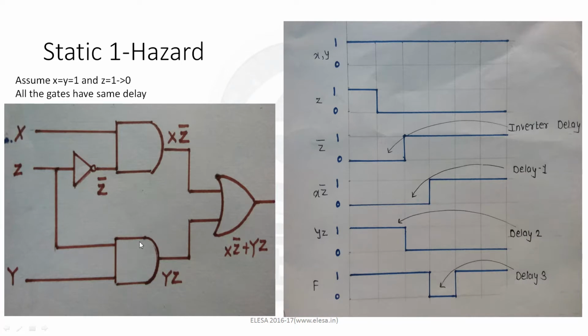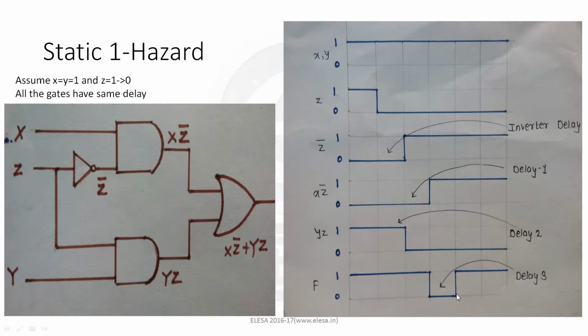The next term is ANDing of y and z, and here is the delay 2. And finally the function is ORing of x z bar and y z. So the output is like this, but we expected the output should be 1, but there is a glitch of 0. We can see here it is delay 3.